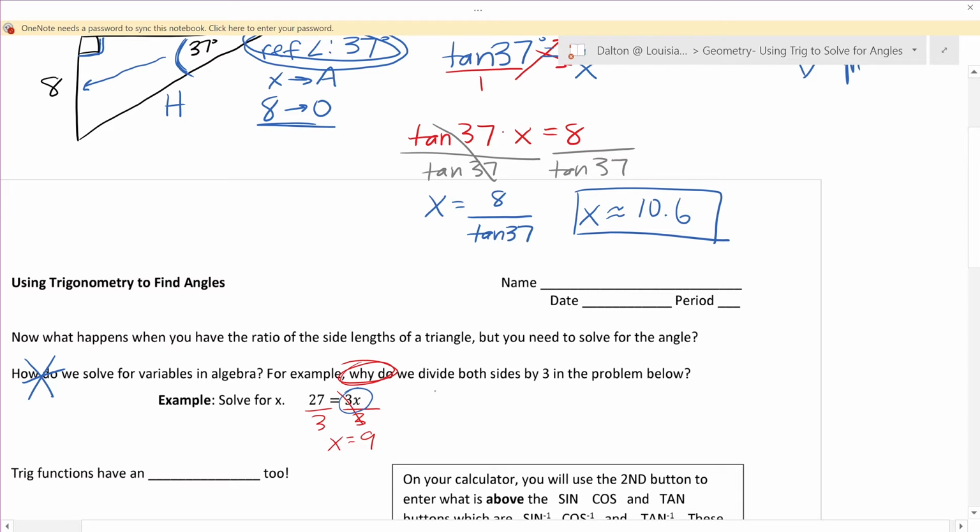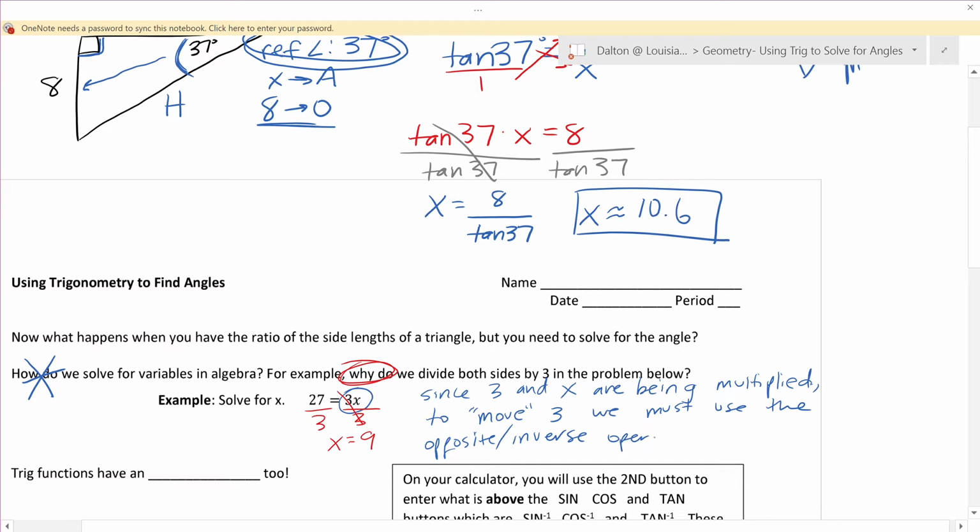So let's write that down. Since 3 and x are being multiplied, and you can shorthand some of these words if you like, we'll say to move 3, we must use the opposite, which is also sometimes referred to as an inverse operation.